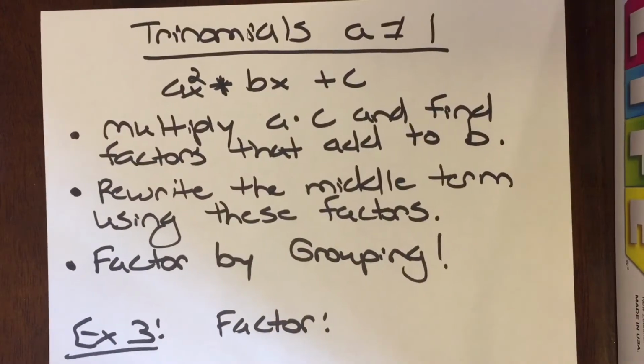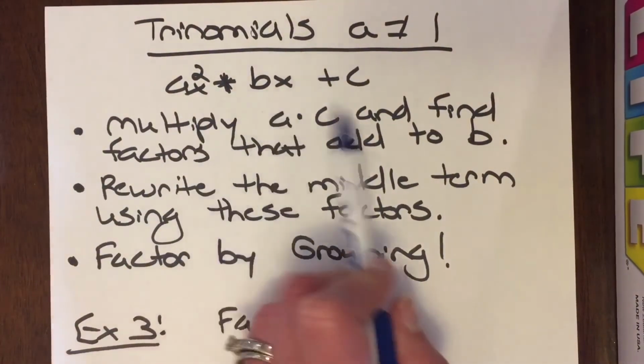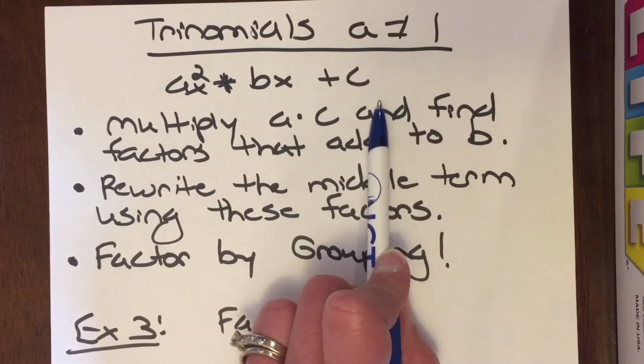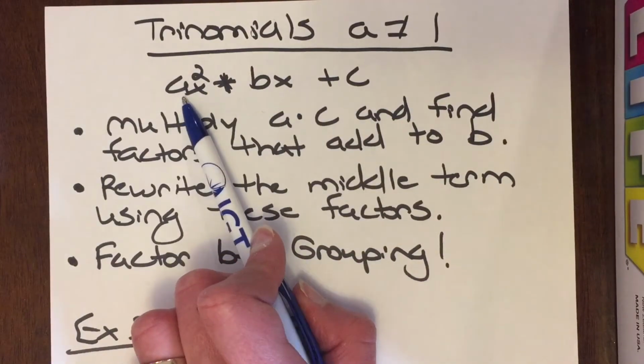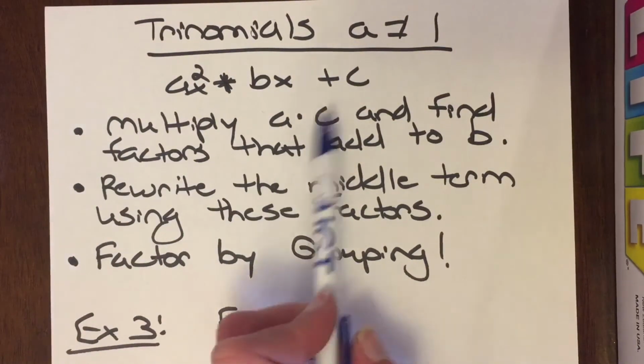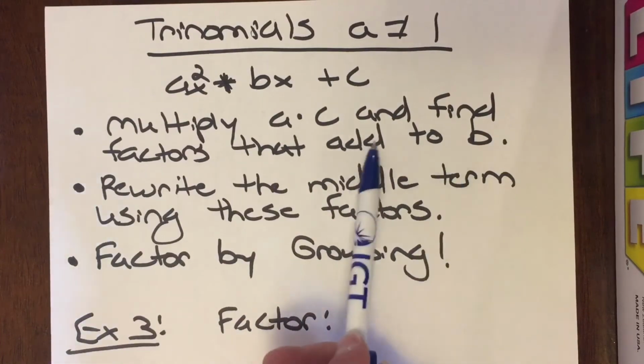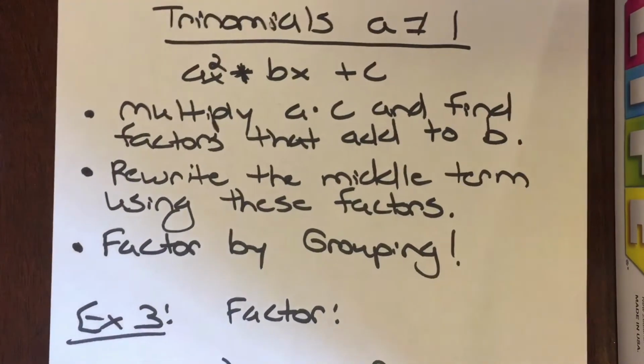Okay, so just a reminder, there's our format for trinomials, ax squared plus bx plus c. Now, when our a is not 1, so in other words, we have a number there, our strategy is we have to multiply the a by the c and then find factors of that add to b. Okay, and I'll highlight this when we do an example here.